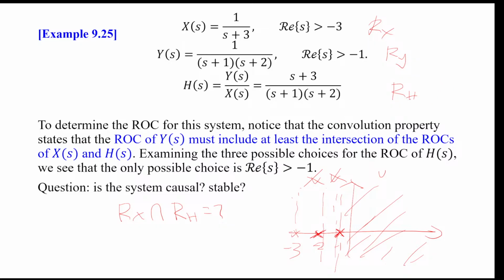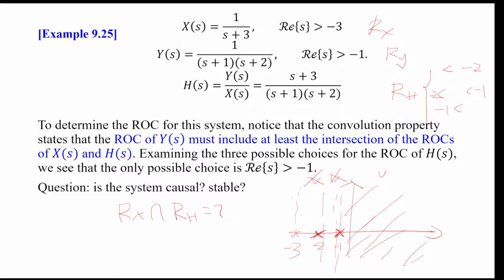So here we have done a 3-case analysis. Rh has 3 possibilities: less than -2, between -2 and -1, or greater than -1.